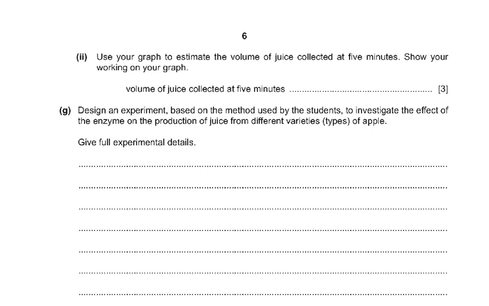Now coming to a very simple part, but here is where careless mistakes will start. Use your graph to estimate the volume of juice collected at 5 minutes. Show your working on your graph. Volume of juice collected at 5 minutes, 3 marks. Now what do you think are the 3 marks for? The 1 mark is for correct working on the graph.